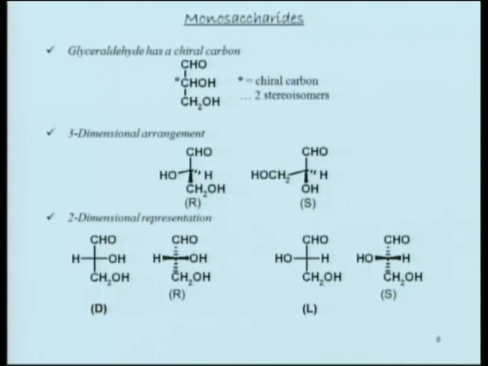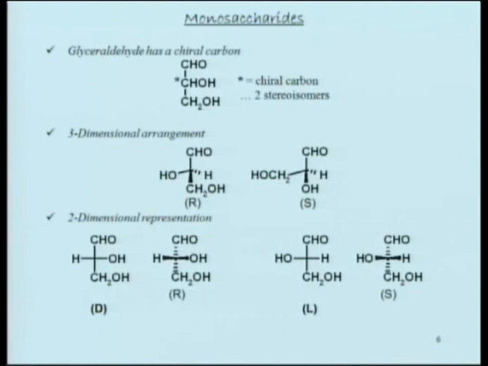All right. So this is called the sawhorse projection. This is called the Fischer projection. Okay? And the Fischer projection, you can essentially write the same molecule in this kind of a manner. The typical way in which Fischer projection is written is something like this. For the most part, you always have CH2OH written at the bottom, especially for aldoses.